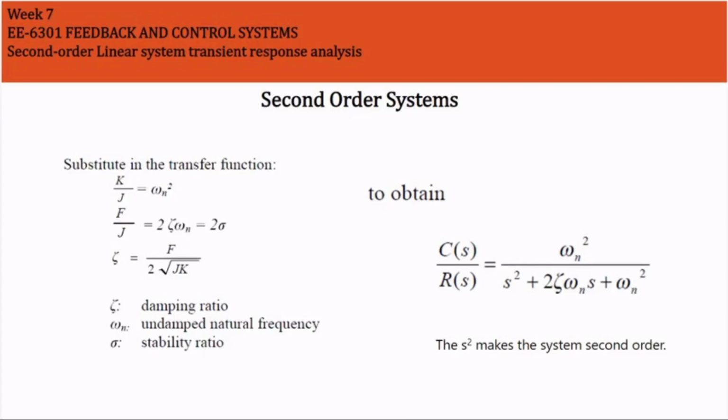To obtain the second order system, C of S over R of S is equal to omega n squared over S squared plus 2 zeta omega n S plus omega n squared. As you can see, if there is S squared in your transfer function, it automatically makes your system second order.